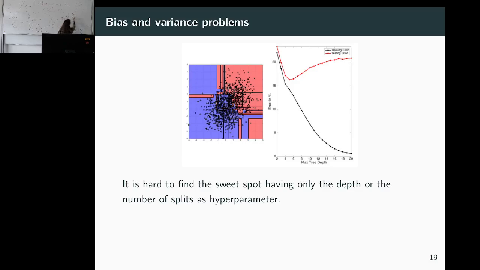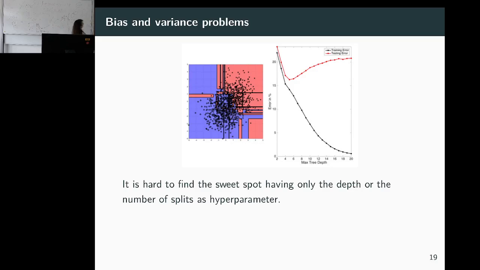We have pluses and circles. Those are two Gaussians which are a little bit overlapping. And this is what the decision tree does with this. It starts splitting somewhere. You see all those splits that it made didn't make sense for the class as such, right? It split for one point only, and so on.